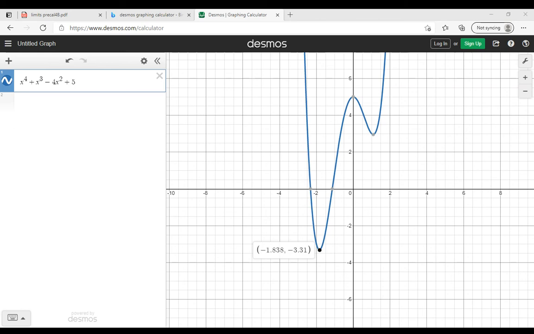So I'll do what's on your page first, which is increasing. So from this point, the x value, these use the x values only. Okay, so increasing, my first increasing starts at negative 1.8. You can put the 1.838 if you want to, and it stops at 0. My second one starts right here. Does anybody have that point?